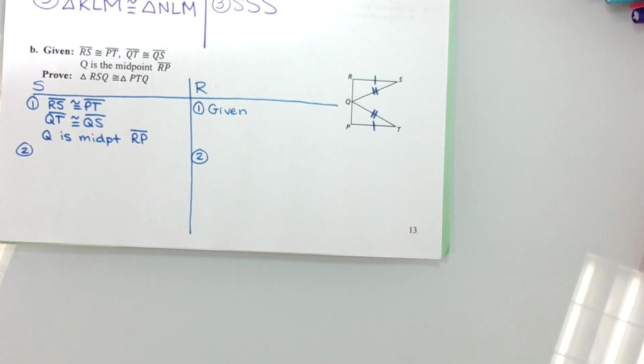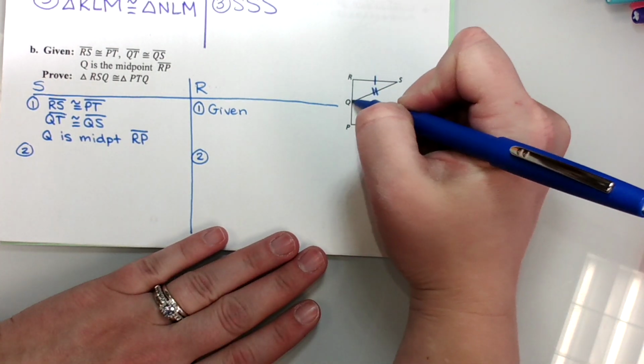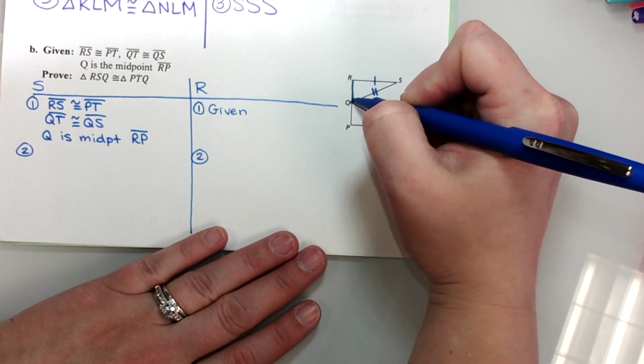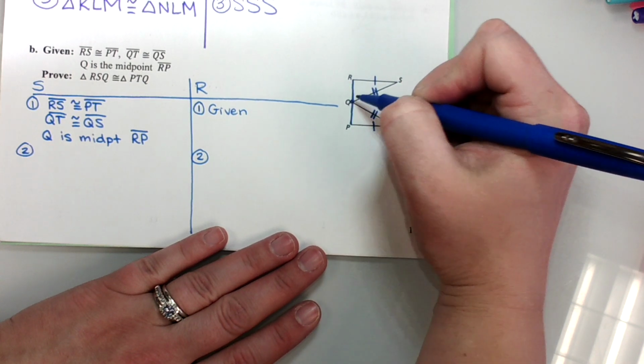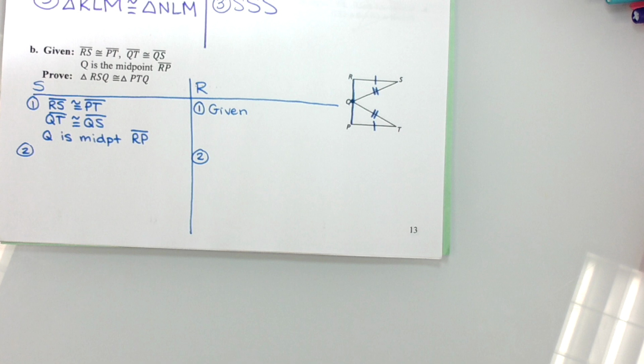Okay, Q is the midpoint. That one doesn't get marked on a picture. But, Nate, what does a midpoint tell me? So Q, the midpoint of RP, grab your orange postulate sheet if need be. The orange one's the one that's got midpoint on it.